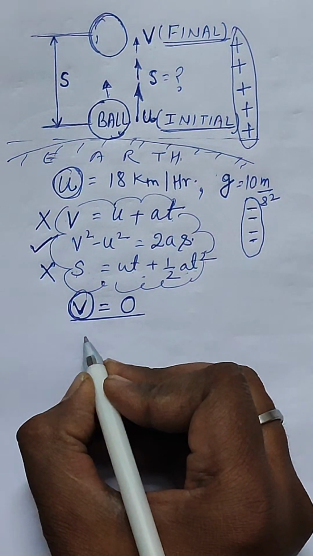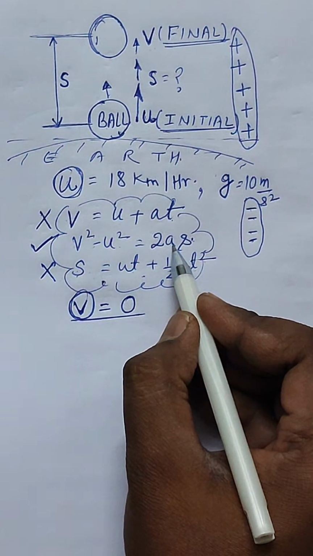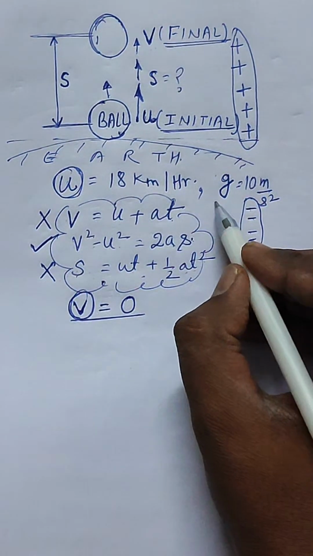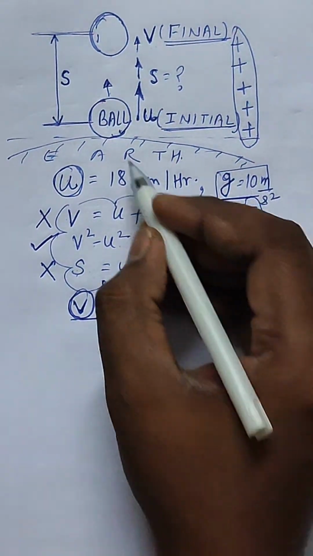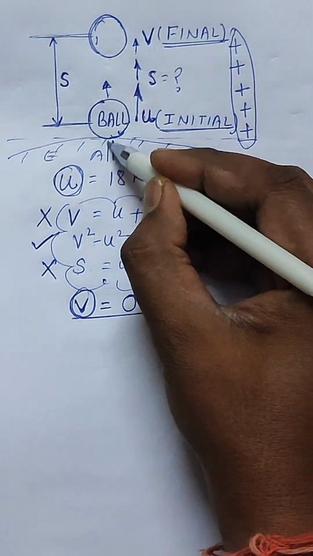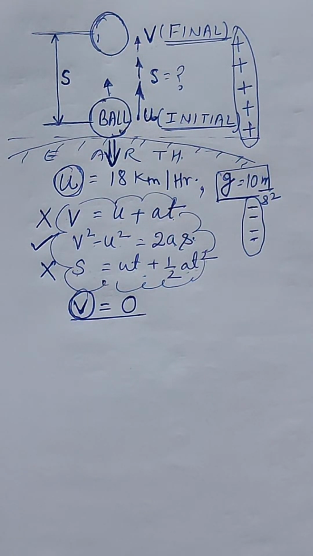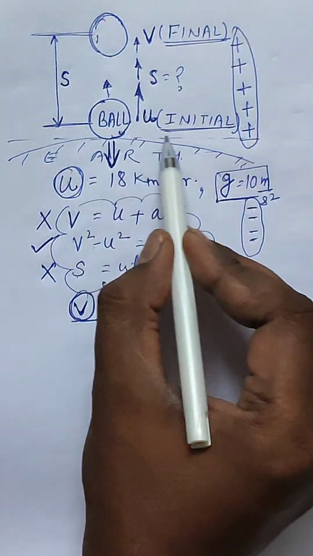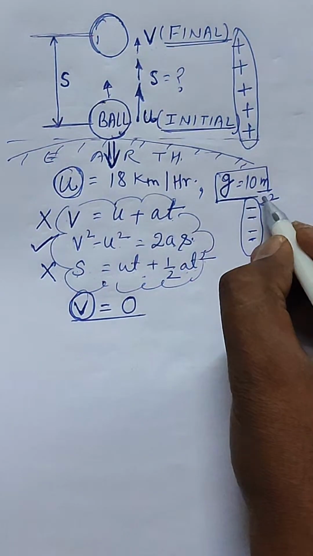Now my dear friends, since v square minus u square equal to 2as, a is the acceleration, which is given as g, that is 10 meter per second square. Acceleration is acting downward. If this is the reference, then acceleration acting downward is 10 meter per second square.